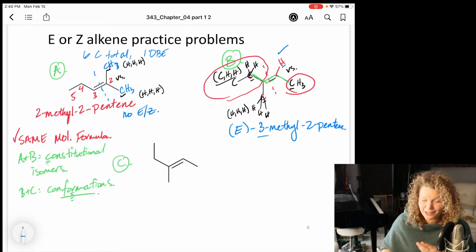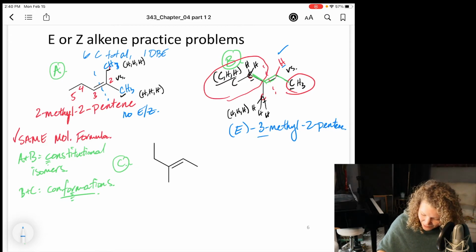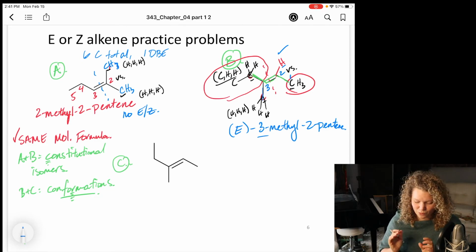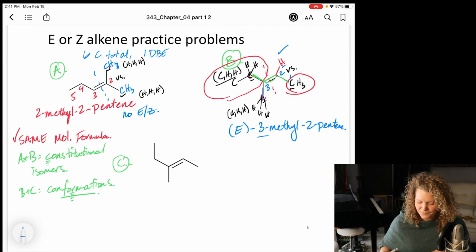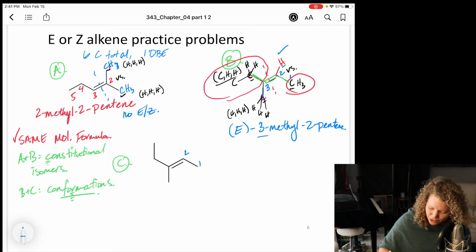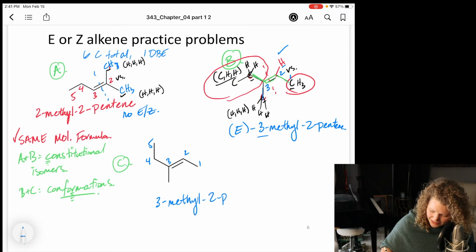Oh, where did I get the 3, right? If I count these carbons out, 1, 2, 3, that's where I get the extra methyl there on that 3 carbon. So E-3-methyl-2-pentene. Okay, same thing for this one. 1, 2, 3. Let's do C together. 4, 5. So this is again a 3-methyl-2-pentene.